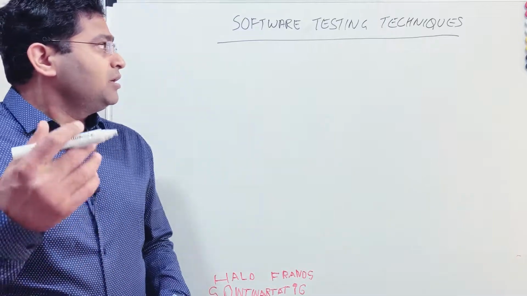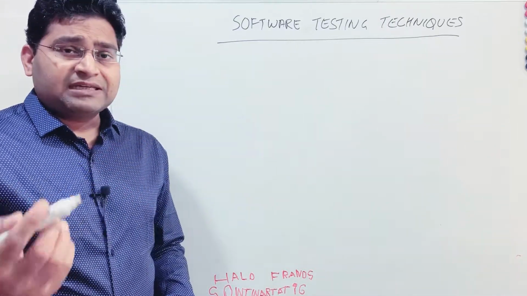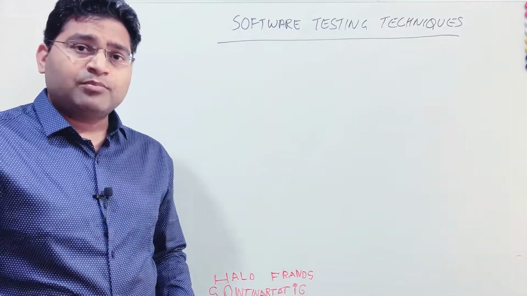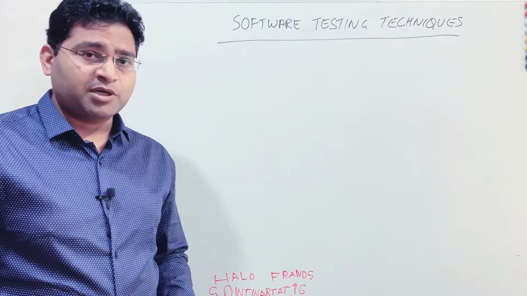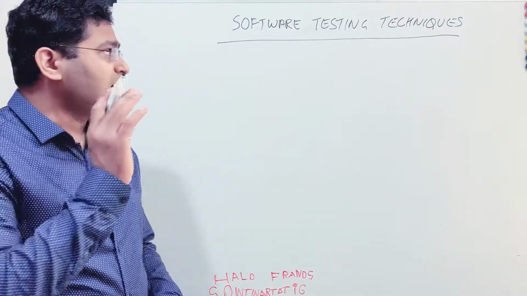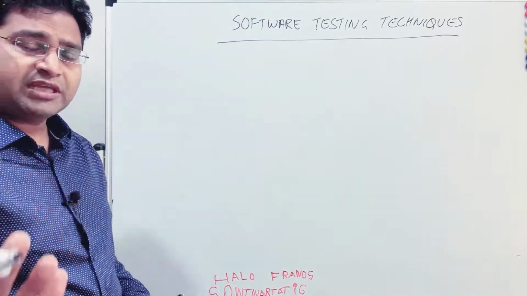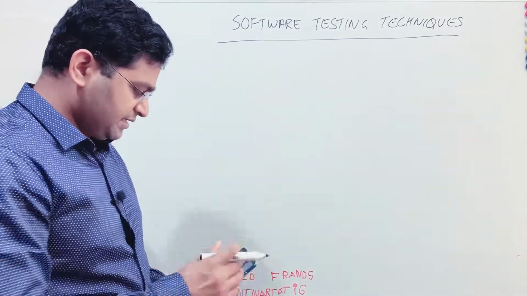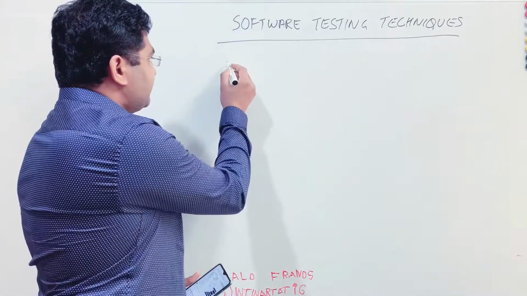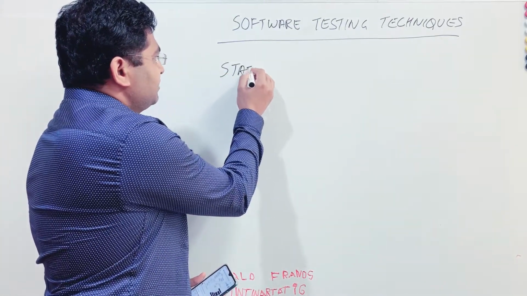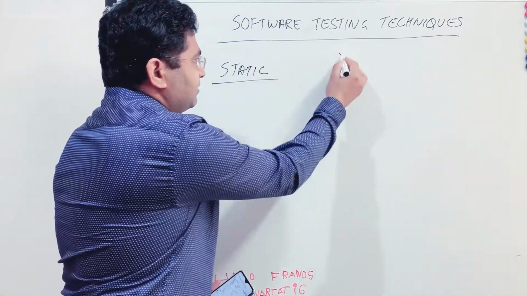Now, I'll cover all black box test design techniques in detail in upcoming tutorials. But at a high level, what software testing techniques are possible? Software testing can be categorized into static and dynamic.